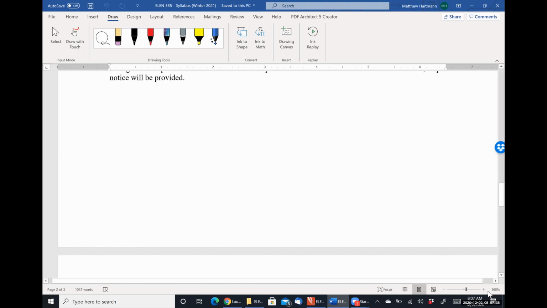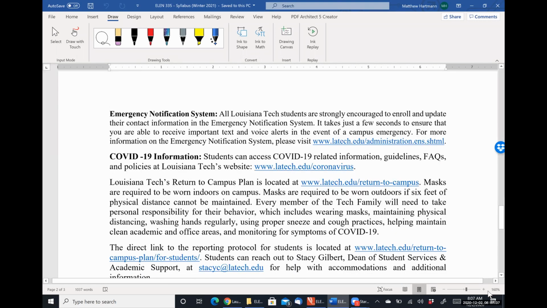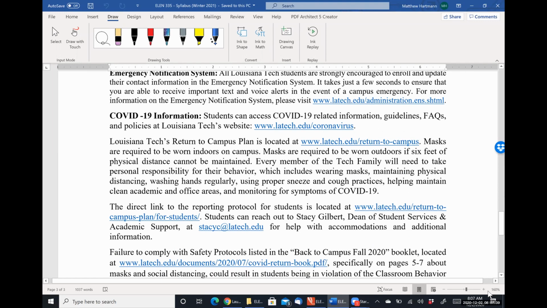All right, and then other boilerplate COVID stuff that should be on every syllabus that you get until this is over. One of the important things is this paragraph right here. So for a student who is exposed, you need to contact Miss Stacy Gilbert, whose email address is right here. Let her know.